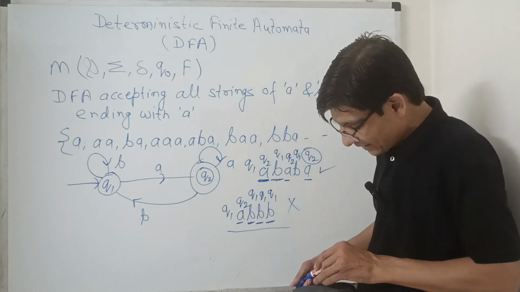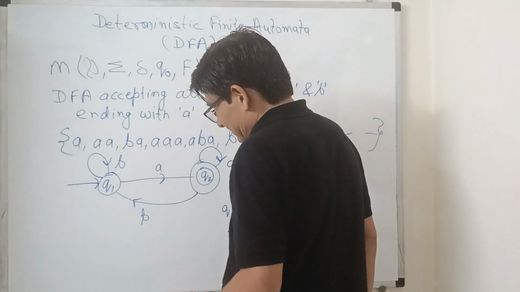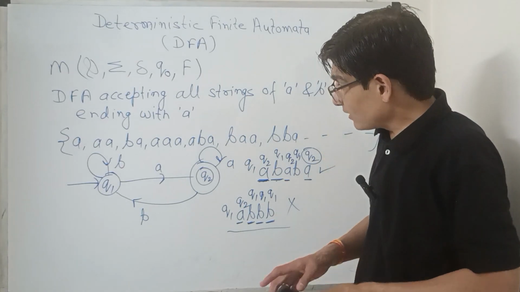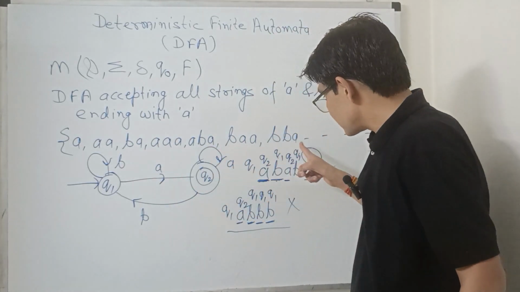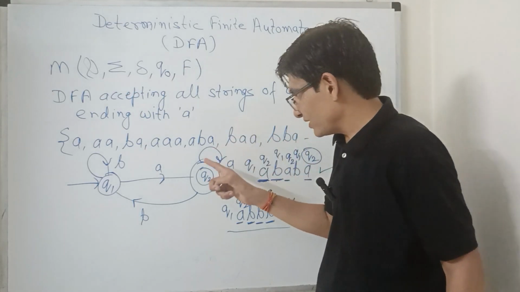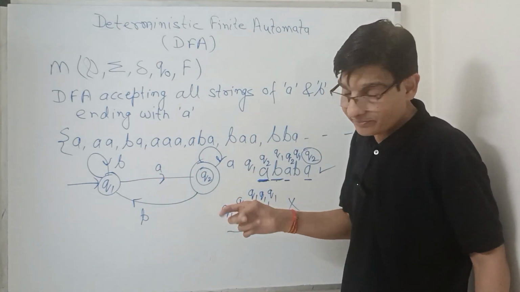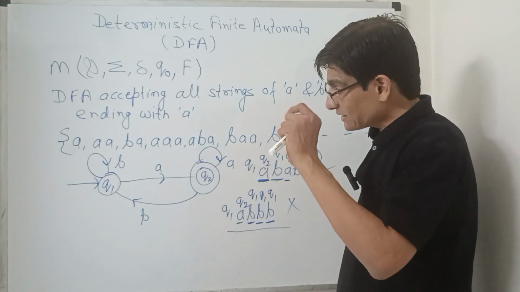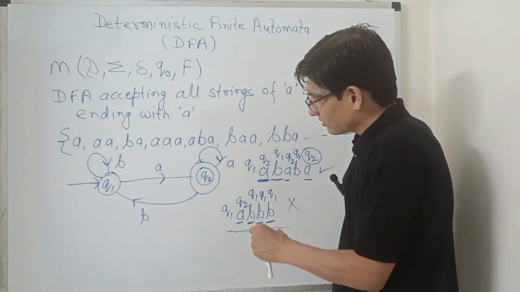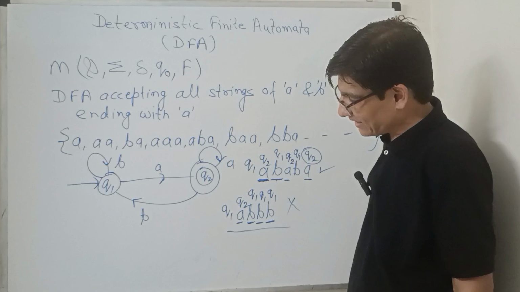So, my dear friends, when you are creating a machine, we need to check in both ways. Any valid string of the language must be accepted by this machine, and we also need to check the other way: any invalid string of the language must not be accepted by this machine.